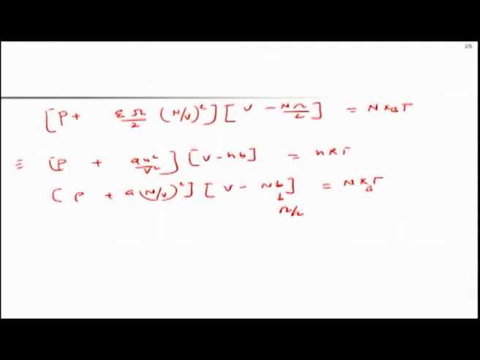We can consider the excluded volume contribution from each particle, and a is nothing but epsilon omega by 2. This is how you can compare from here.